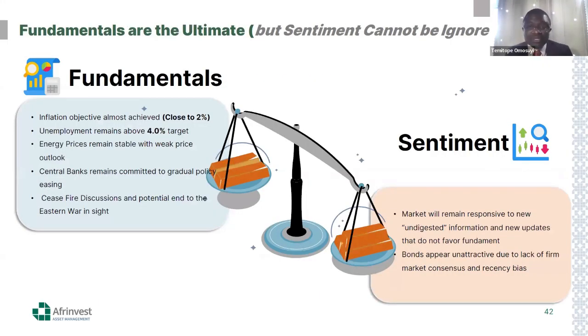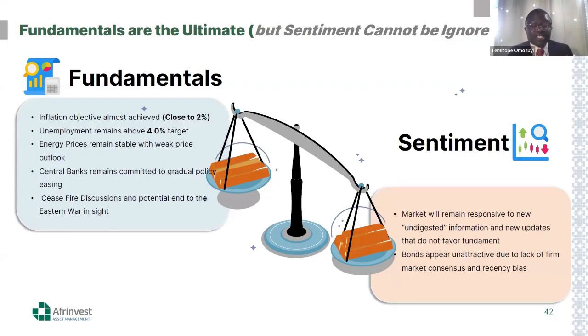And so what do we think in general? We think that fundamentals would prevail next year. We have earlier highlighted during the global macro presentation that oil prices and the global economy will remain stable, and oil prices could be on the back foot. And we all know that what brought us the major spike in interest rates and inflation was the Russia-Ukraine crisis in 2022.